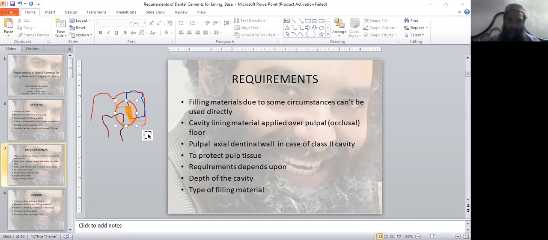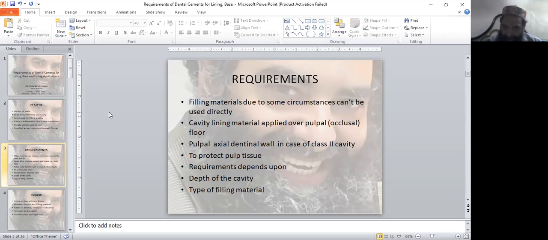This area is our pulpal axial dentinal wall. Now, why should the pulpal axial dentinal wall be lined? To protect pulp tissue.